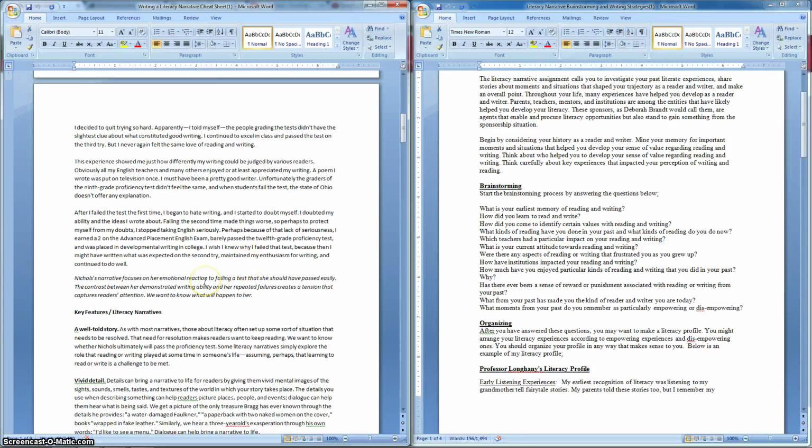But anyway, she spends some time talking about her emotional reaction, how she felt about things. So it's not just a dry retelling of the events, but it's more stylized, if that makes any sense. It's more detailed. It's more focused on sensory details, emotional details, things like that.